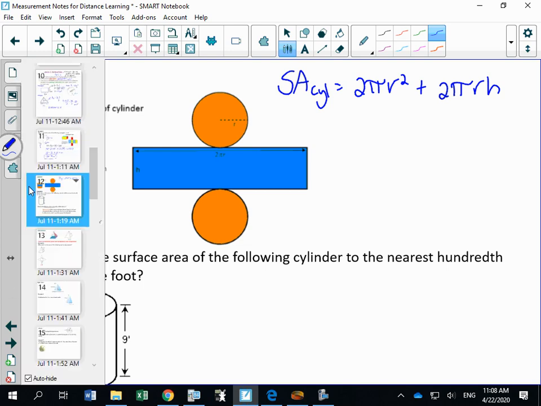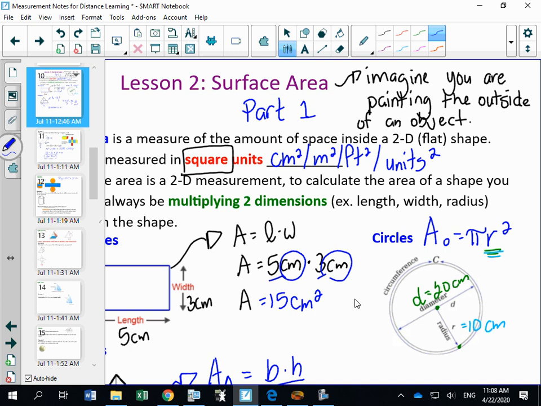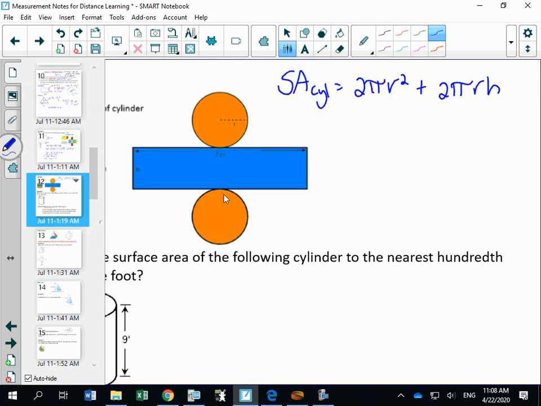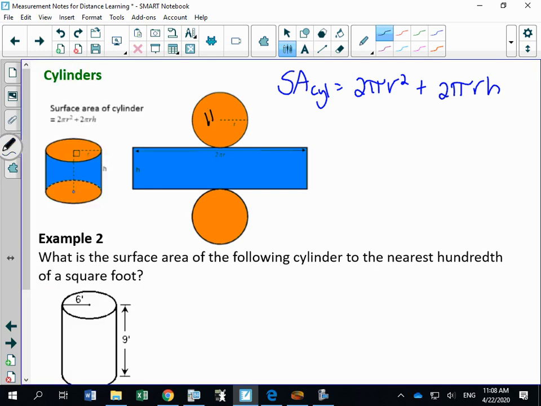If I go to that first slide on what you need to memorize, you need to have memorized pi r squared. So let's write in each circle the area of the circle. The area of the circle is pi r squared and pi r squared. So 2 pi r squared, this part of the formula, comes from the two circles.